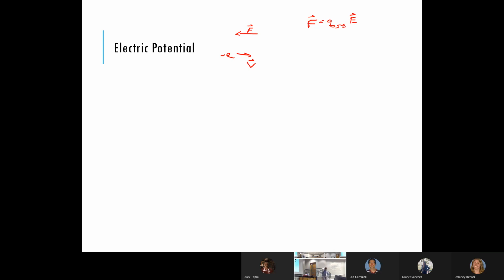So, okay. We know the direction of the force must be to the left because the electron slows down. And we know that the force is given by the charge of the system times the electric field. This is the one place where you have to be careful.